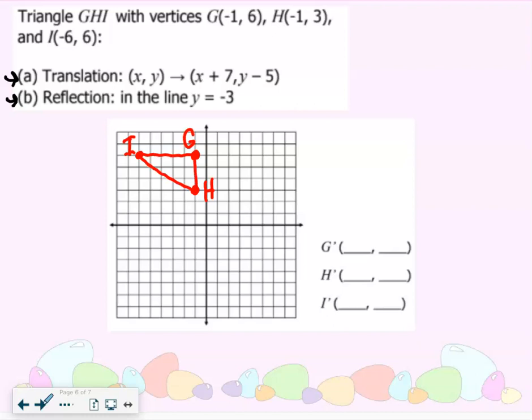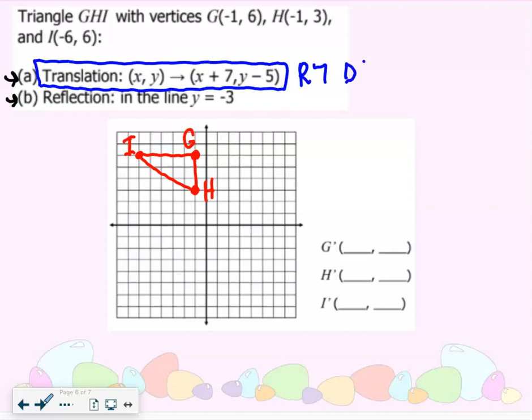And now the first move we're going to make is right here. Mine will be in blue. We are going to go 7 to the right, so right 7, down 5. We'll take each of our ordered pairs and go down 5, right 7. Here we go.